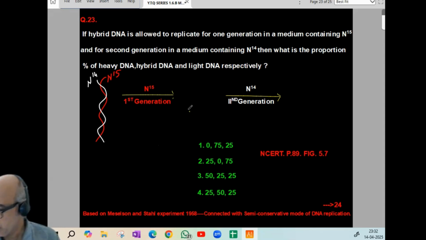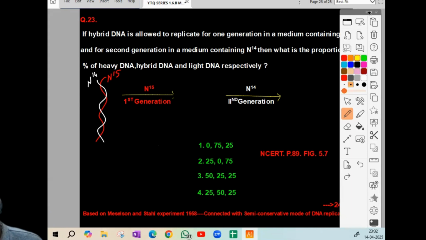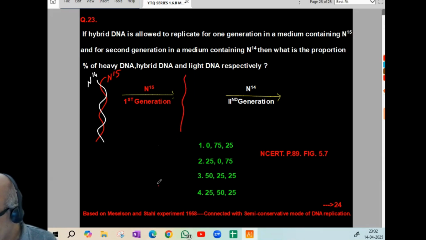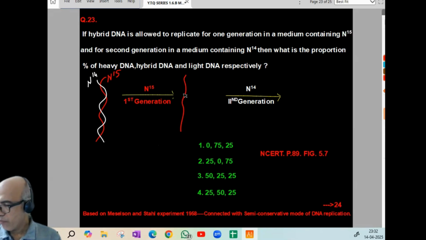So we can just expand this diagram. First generation, what happens? In the first generation, we can find N15 medium. Anyway, this strand will separate. Now, for this hybrid DNA containing N14, first it is in the medium containing N15.